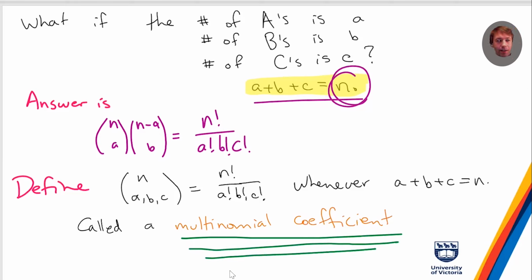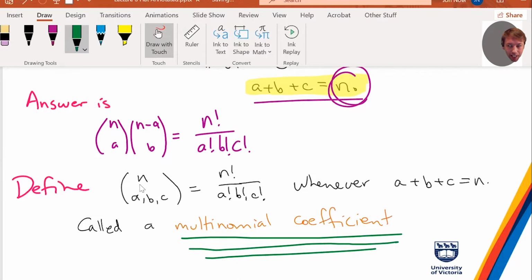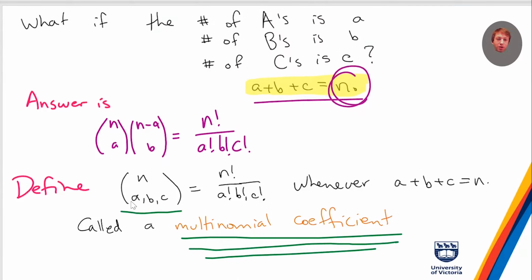And the notation is, when I write this kind of choose notation, with an n on the top, and I write a, b, c, what that means is n factorial over a factorial, b factorial, c factorial.